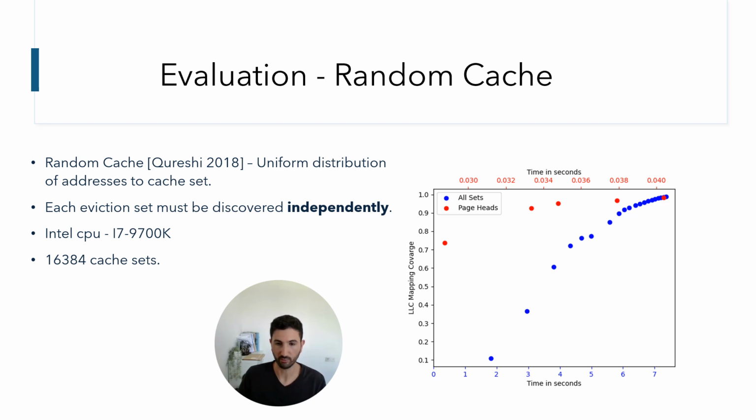As we can see, the Prune+PlumTree algorithm succeeded to map almost 100% of the eviction sets after 7 seconds. To put that in context, the state-of-the-art algorithm mapped 256 eviction sets in approximately 11 seconds, whereas our algorithm mapped more than 16,000 eviction sets in approximately 7 seconds.